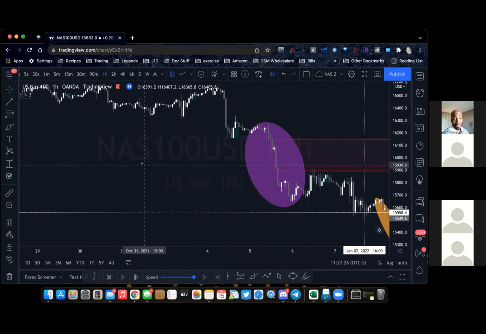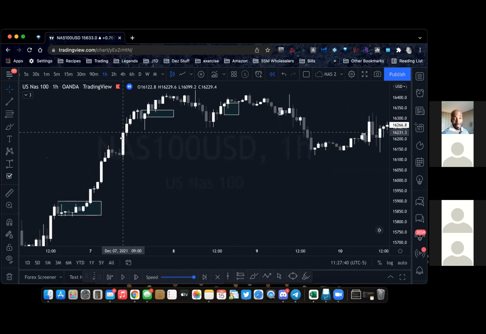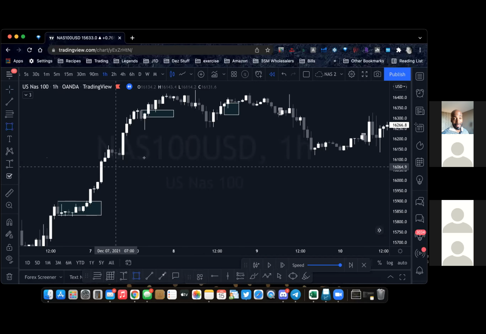An imbalance would be something like this, where there's orders in there that did not get closed out. So what you're supposed to do, let me move this out the way because I hate that thing, is take your area and go from the wick to the wick where there's a middle part, where there's nothing in coming down.